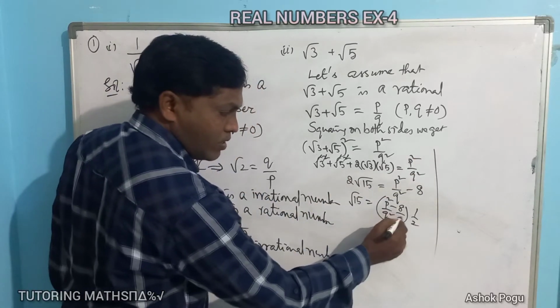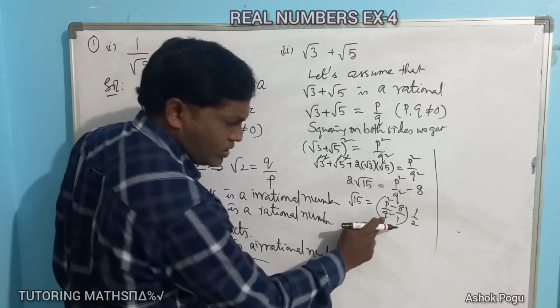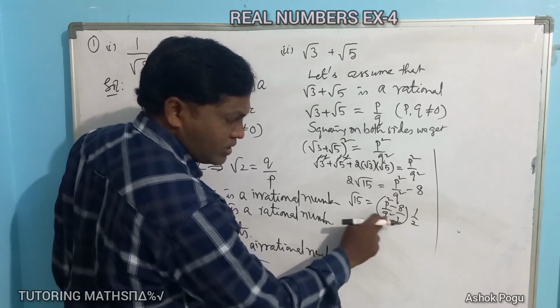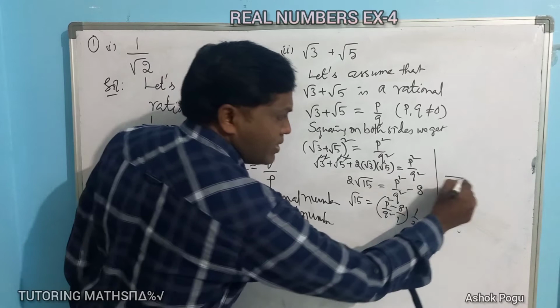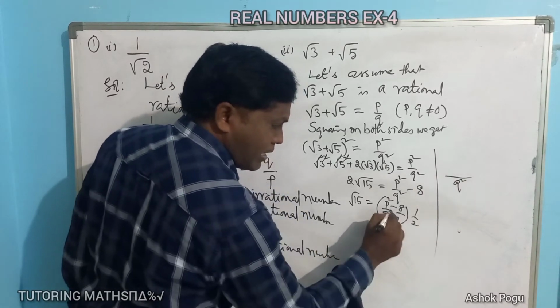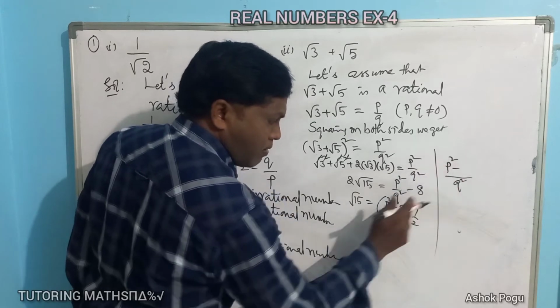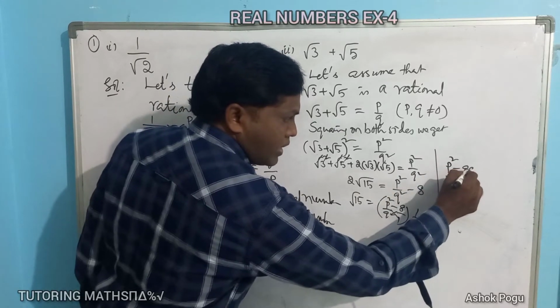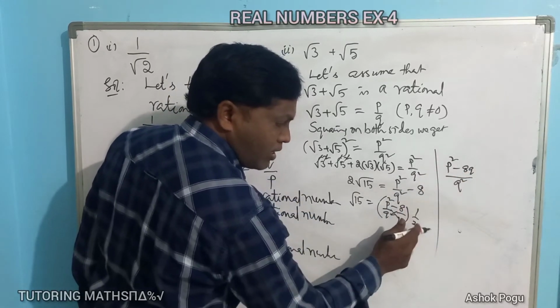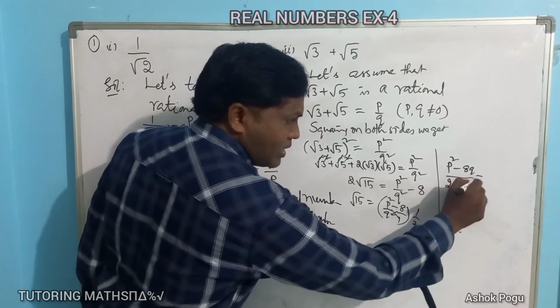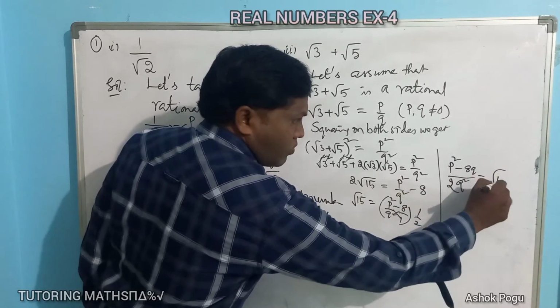And finally, just find the LCM here. What is the LCM of these two fractions' denominators? Q square. LCM is q square, by cross multiplication. P square into 1, p square, minus 8 into q square, 8q square, by 2 already multiplying, is equal to root 15.